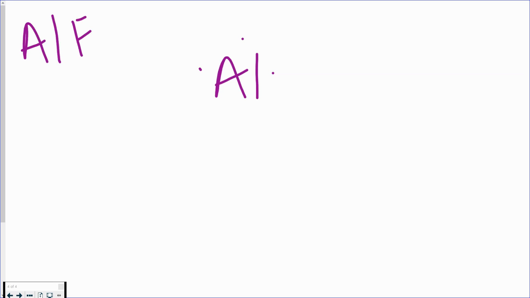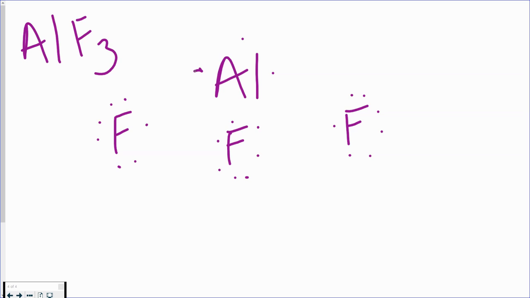So the next one that we want to do is aluminum. And with aluminum, it's one of our more particular metals because it's really one of the first metals that has 3 valence electrons. Okay. And then we're going to bond it to 3 fluorines. So each fluorine is going to have 7. So it's going to transfer those 3 away.